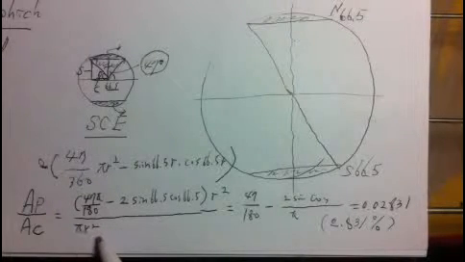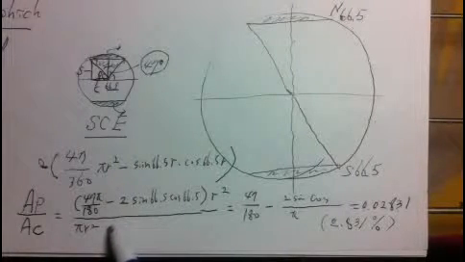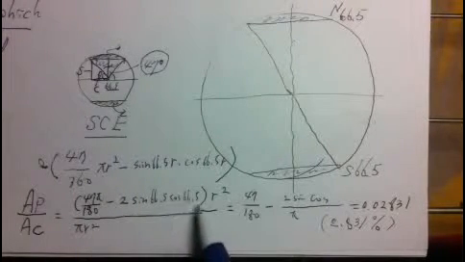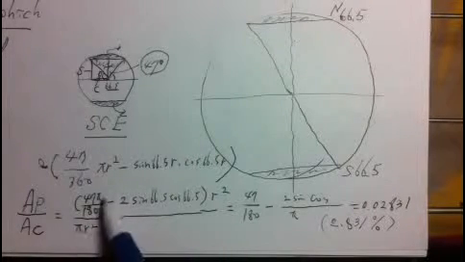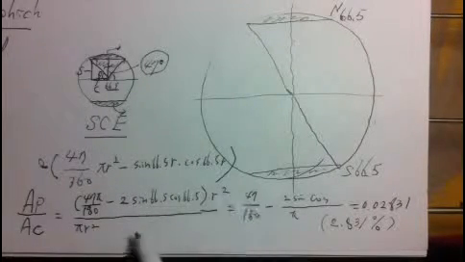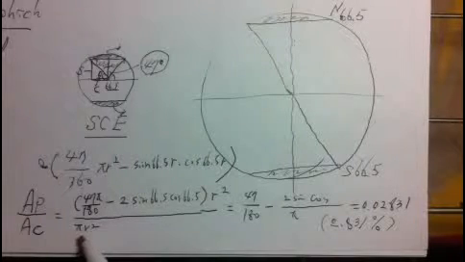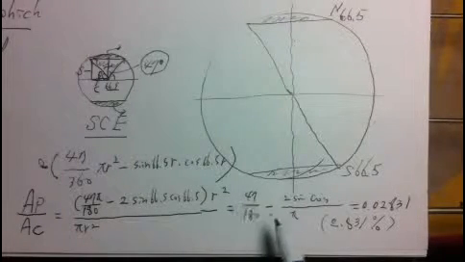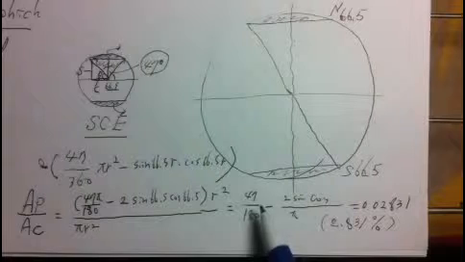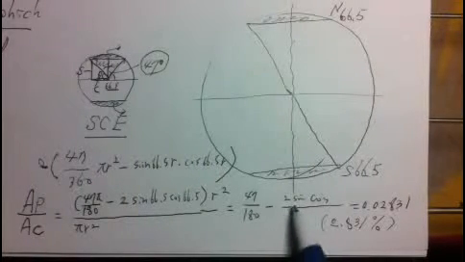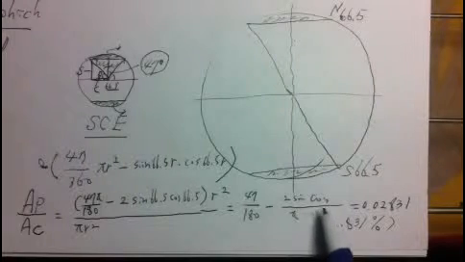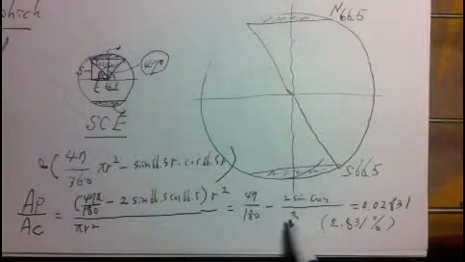by pi r squared, and then I can measure this number. So it is 47 over 180 minus 2 sine cosine over pi.